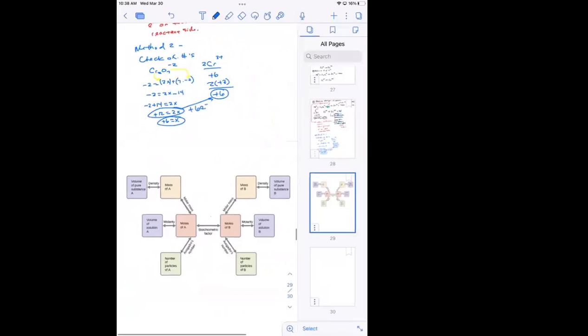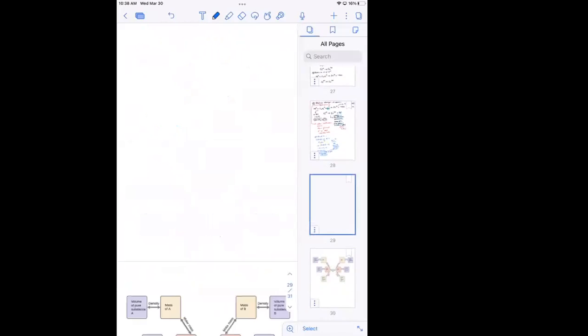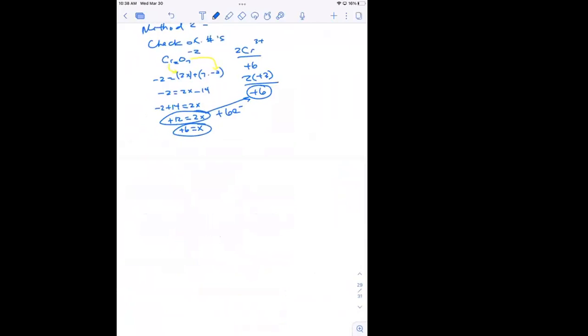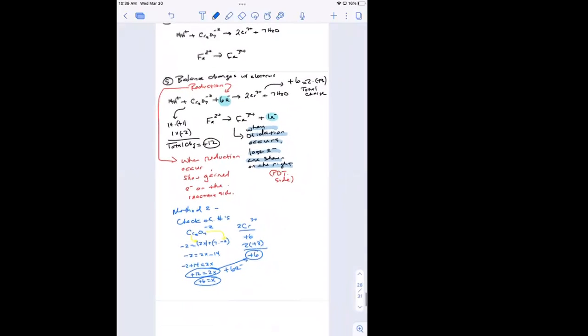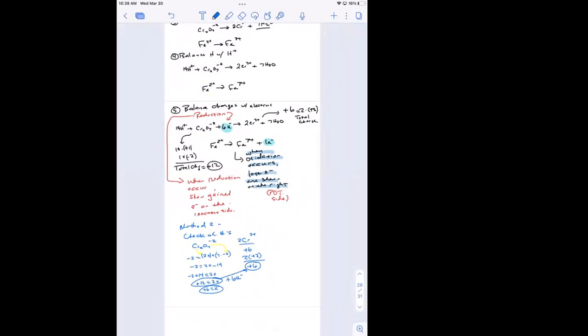All right, let's go to step 6. Are there questions about that before we move on? Not bad. All right, so the 6th step is now we've done balancing charges, we've balanced hydrogens, balanced oxygen, done the half reaction, balanced the atoms.